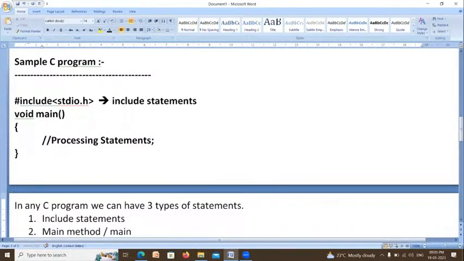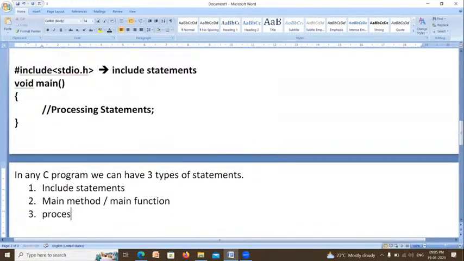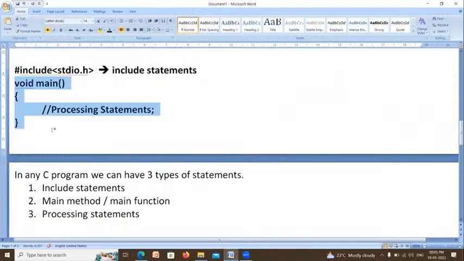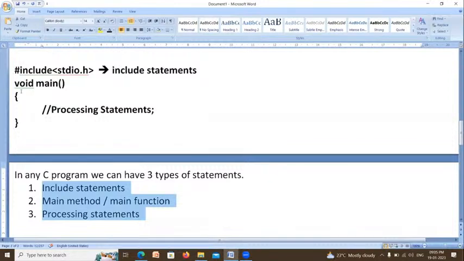It is also called main function. Third one is processing statements. This line is called include statement. It is called main method. It is called processing statements. In any C program, you can have these three types of statements.